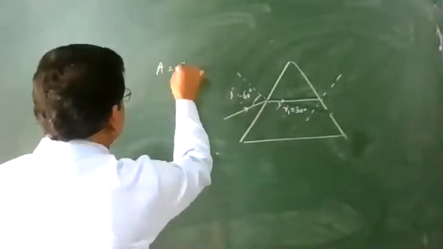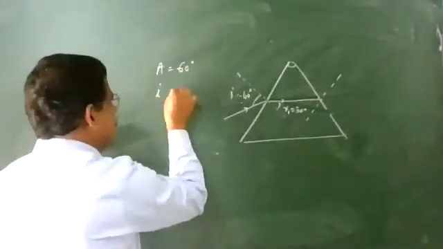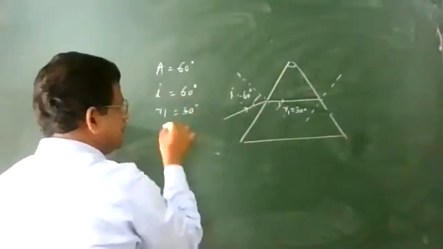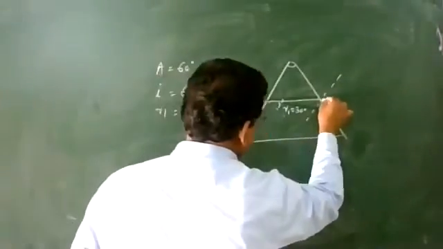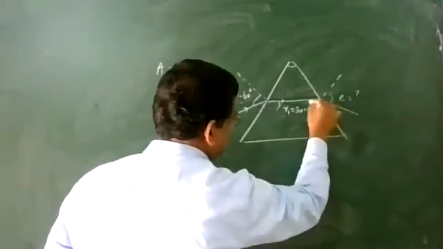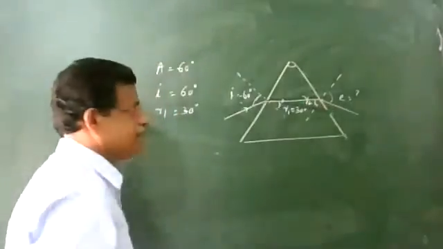A is 60 degree. I is also 60 degree and R1 is 30 degree. And what is the angle of emergence? Here you can mark R1 and R2.